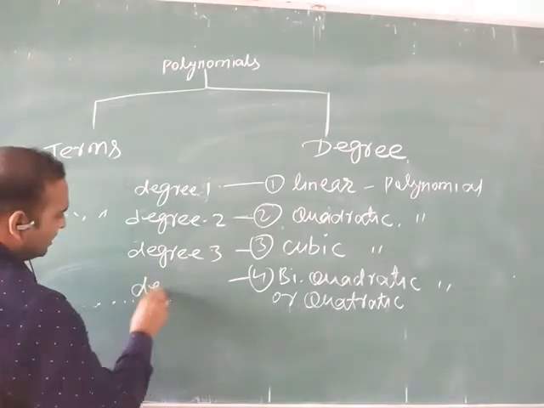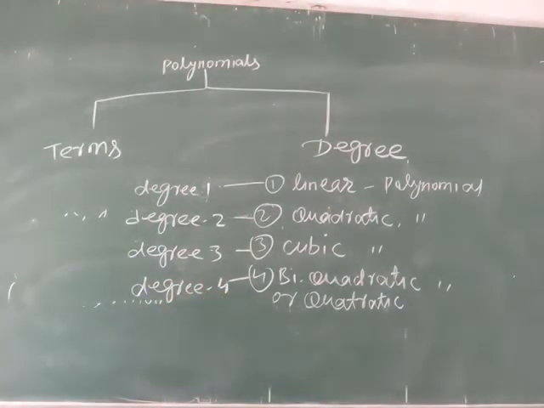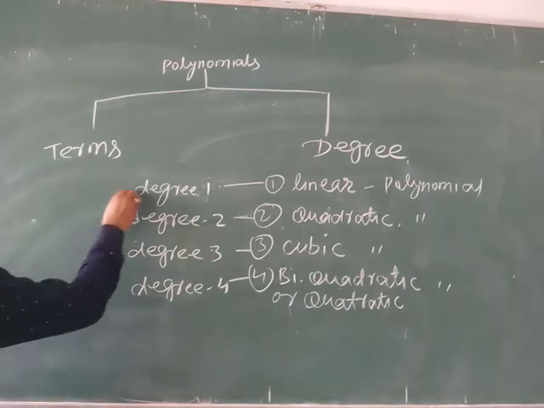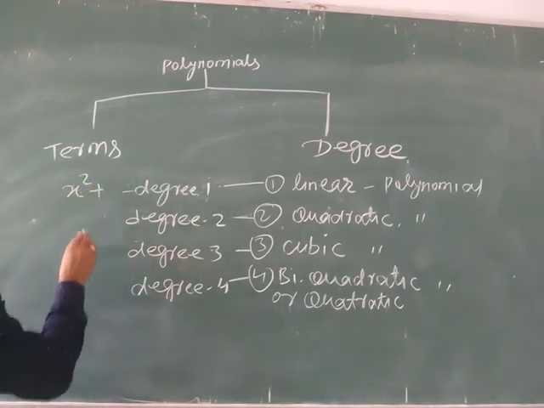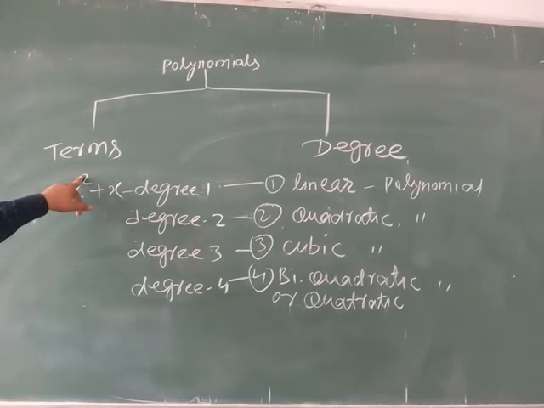Biquadratic polynomial, degree 4. And we all know about degree. Degree is the highest power of the polynomial. As in x square plus x, here the highest power is 2, so its degree is 2. It is not a linear polynomial.